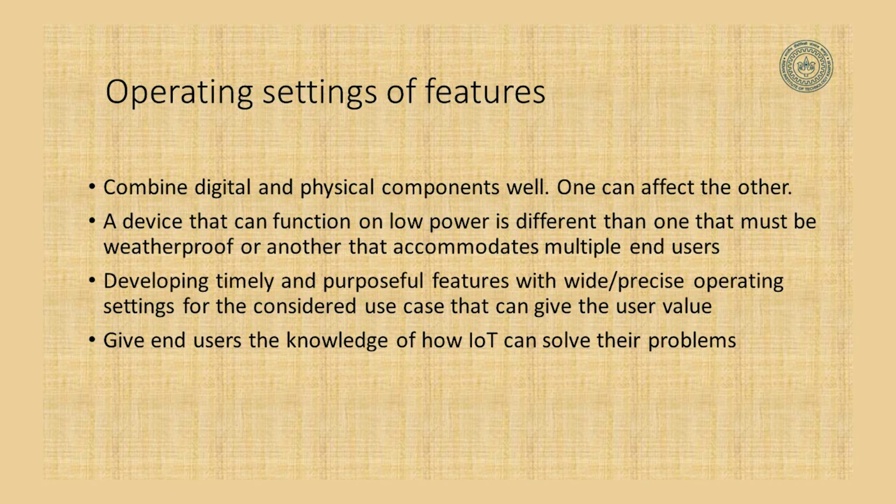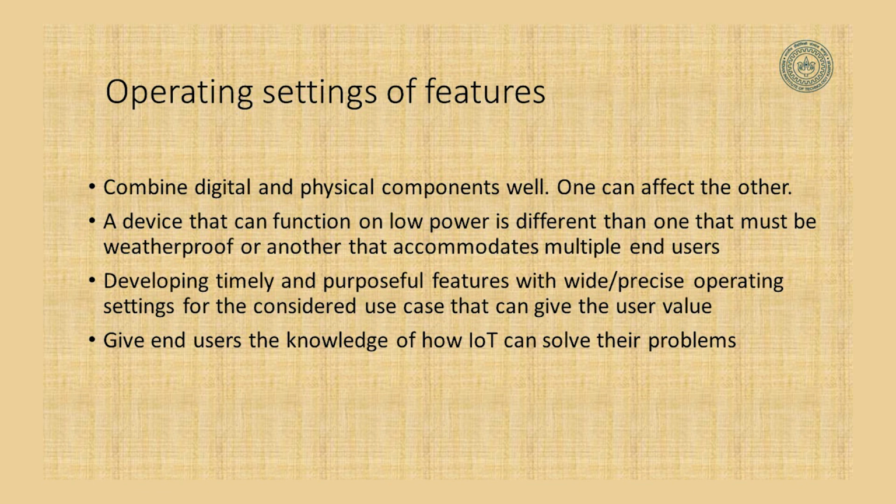So, think about what functionality your device will have. Will it function on low power? Will it be weatherproof from rain, storms, etc., or does it have to accommodate multiple end users? So, what are the functionalities, and based on that you will determine your operating settings.